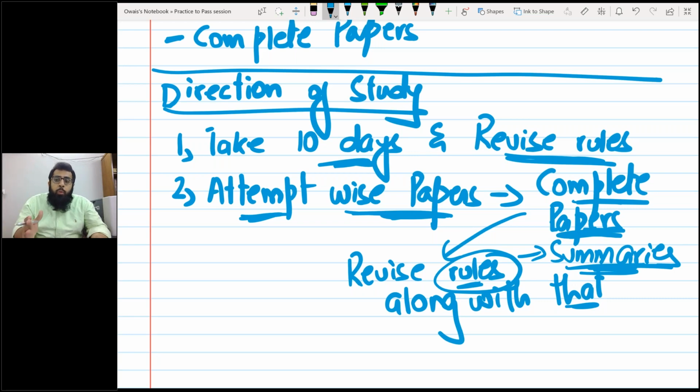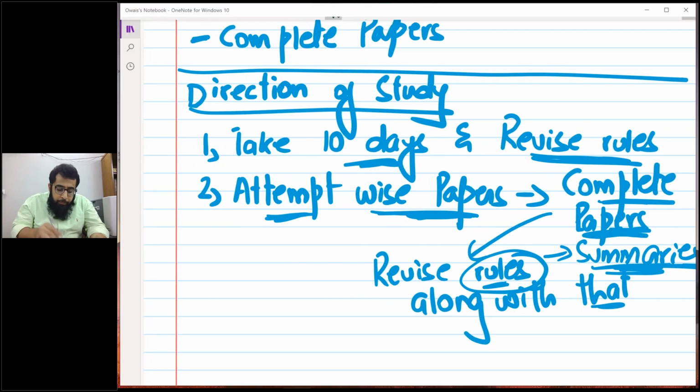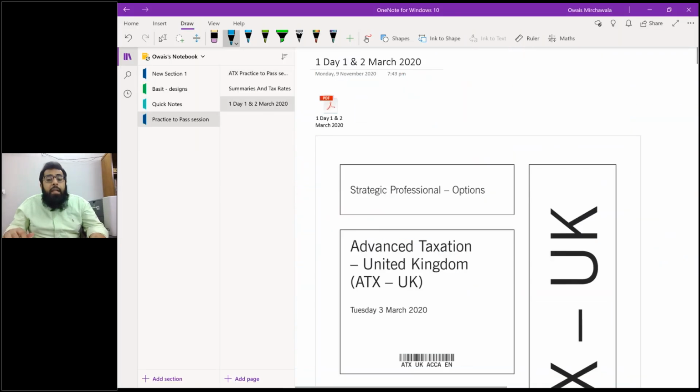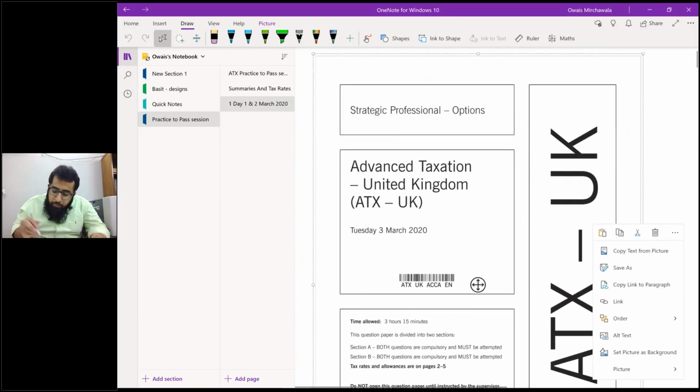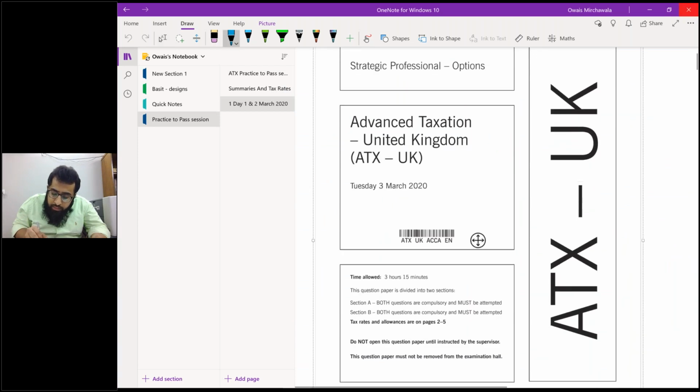So how will we take this session? The simple approach is that we will do a complete past paper of the March 2020 attempt first.